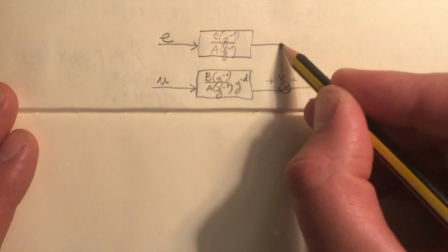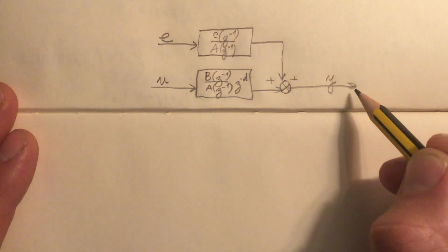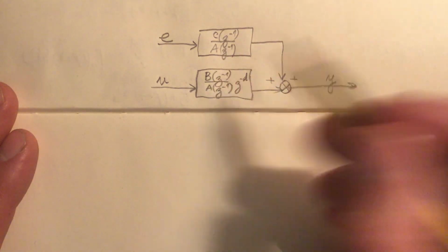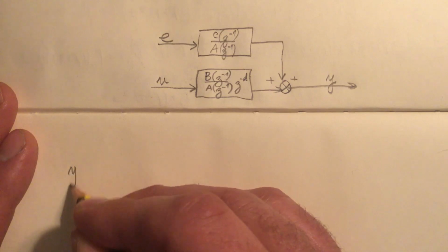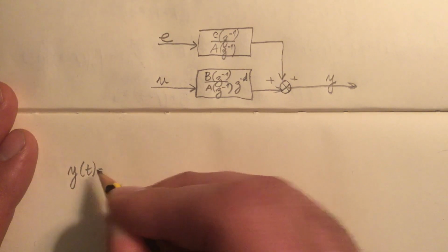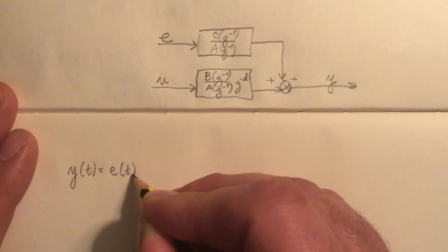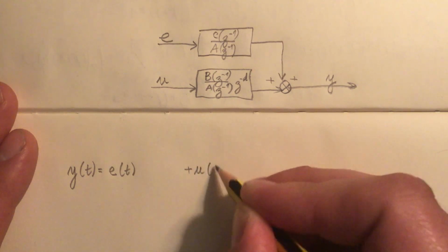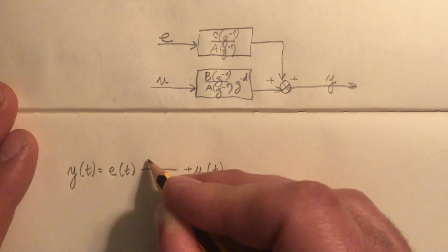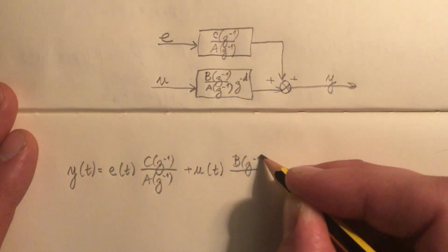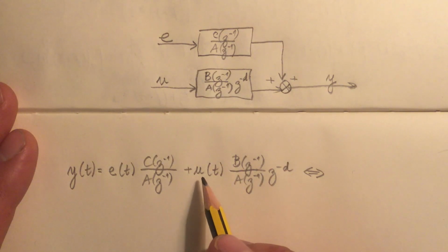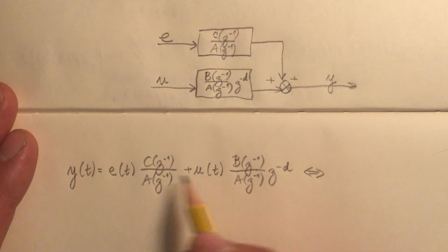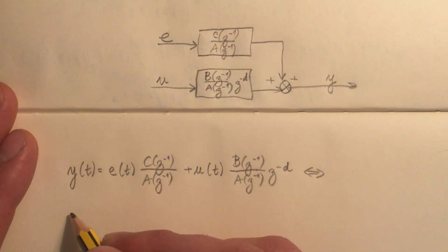This is the transfer function relating e with y, and of course, since this is an ARMAX, the denominators are the same. So this output y can be written as a function of e and u as follows. Or we may write the relation from this input to the output in the following manner.